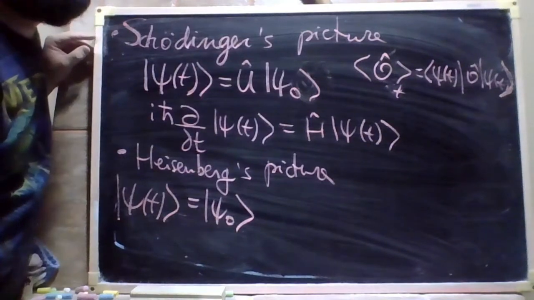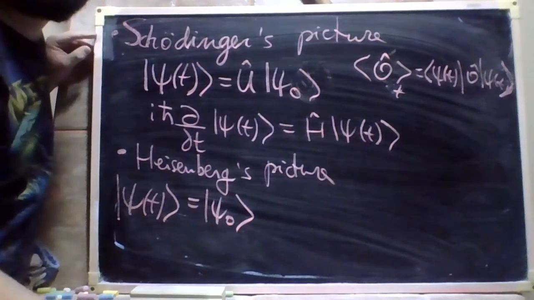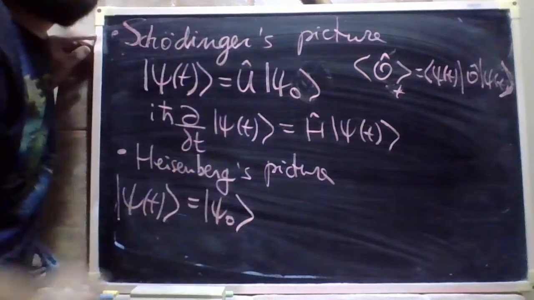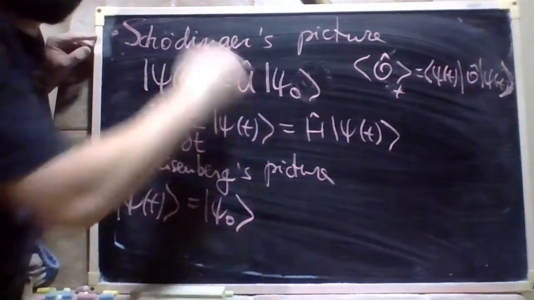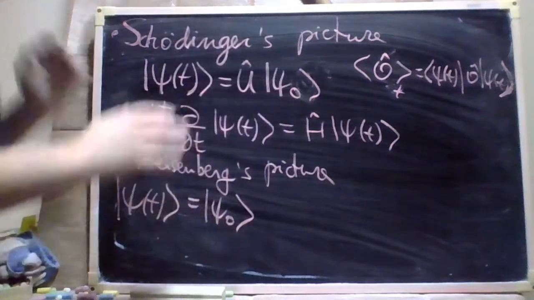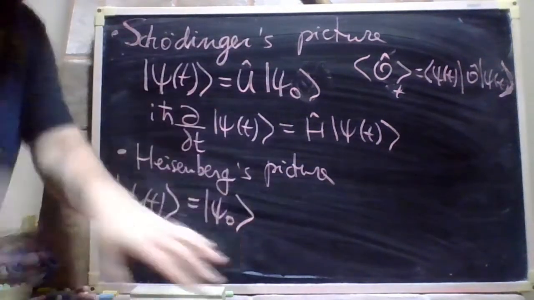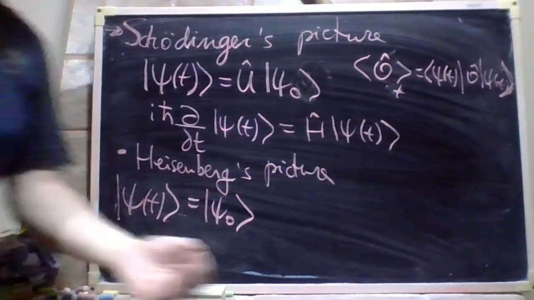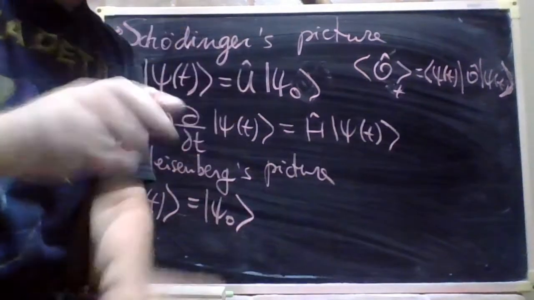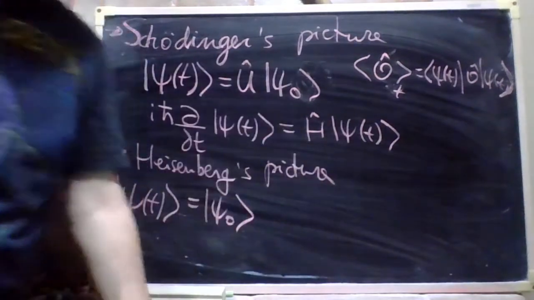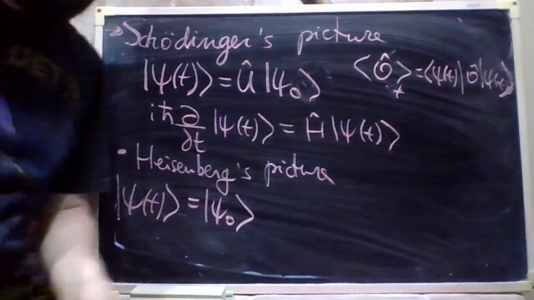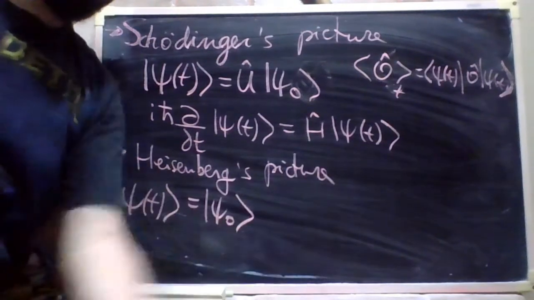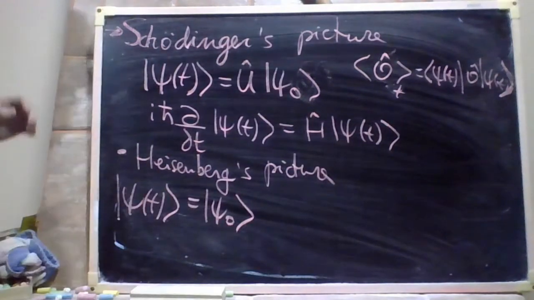When they have explicit time dependence, you use some mixed picture between these two distinct and radically opposite views. In Schrodinger, states rotate in Hilbert space, and the operators are kept invariant. For Heisenberg, operators change in time, but the state is fixed in the Hilbert space.